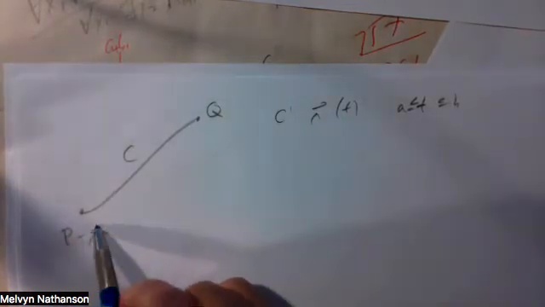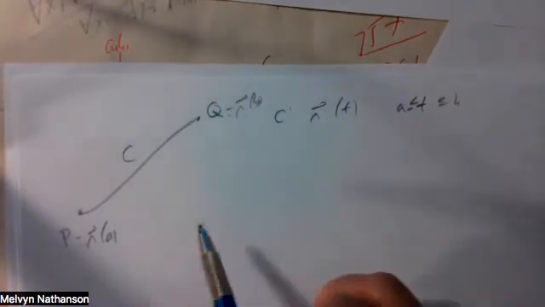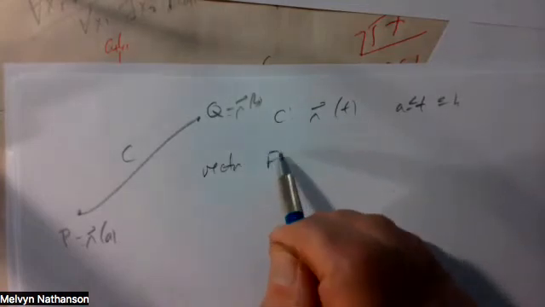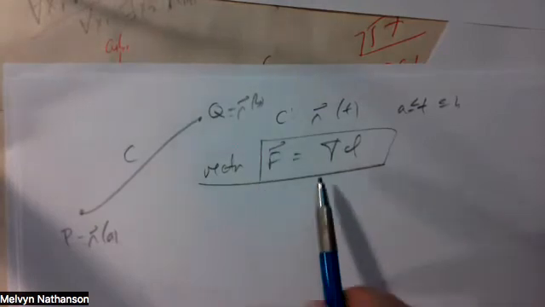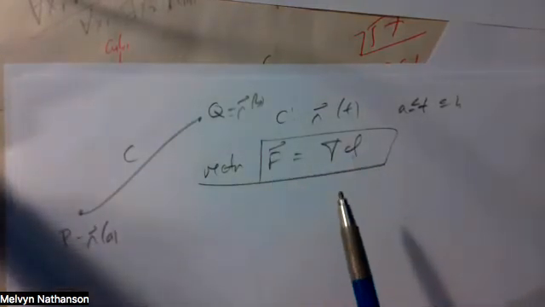So this is r of a, and this is r of b. And we have our conservative vector field F, which is the gradient of phi. That's what conservative means: your vector field is the gradient of a potential function, or of a scalar function.